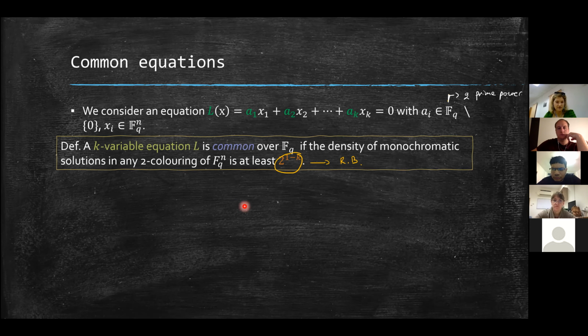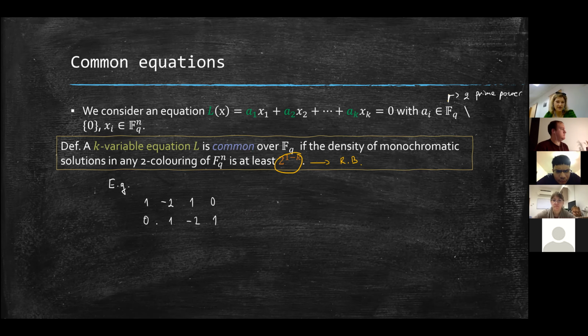So, for instance, a 4AP is just described by two linear equations. So that's a 4-term arithmetic progression, 1, -2, 1.